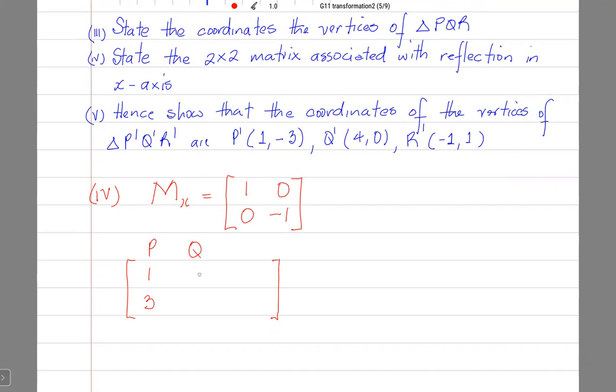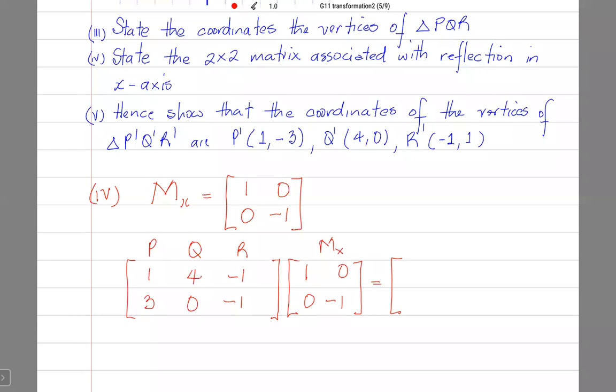Q is 4, 0. R is -1, -1. I'm going to apply this matrix to it, 1, 0, 0, -1. This matrix is MX. What I should end up with are the coordinates of P prime, Q prime, and R prime.